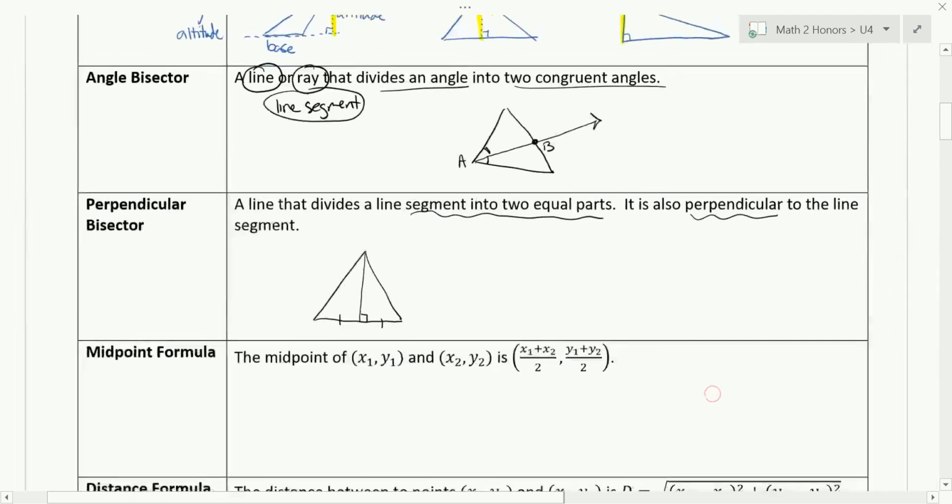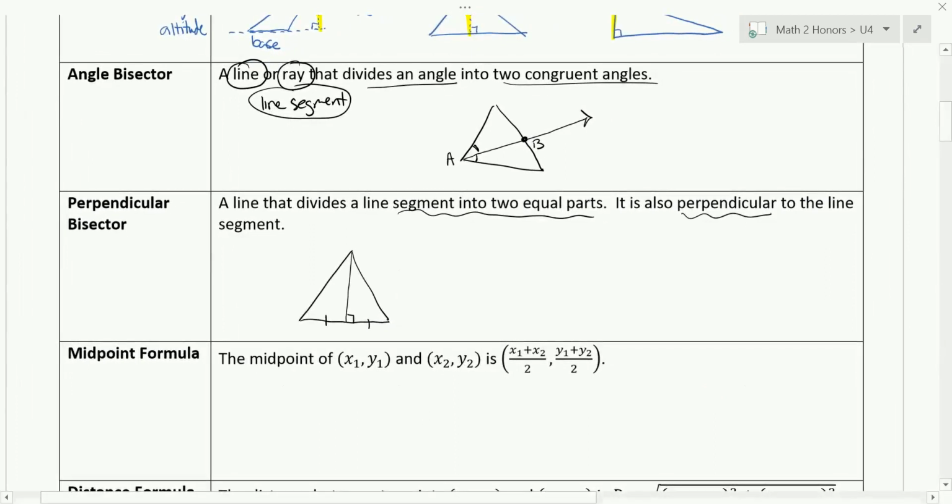So take a close look at the definition of a perpendicular bisector and answer this question. Could I say that a perpendicular bisector is a median and an altitude? So first of all, is a perpendicular bisector a median?